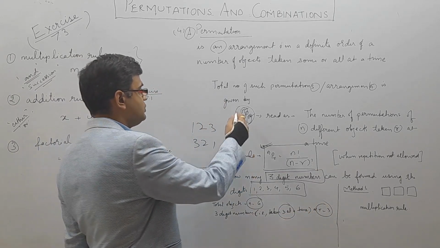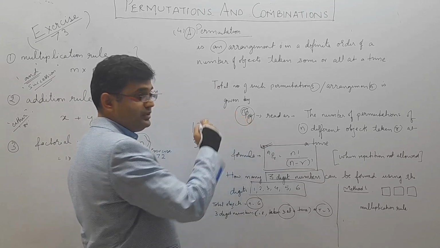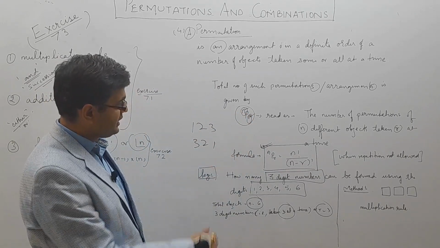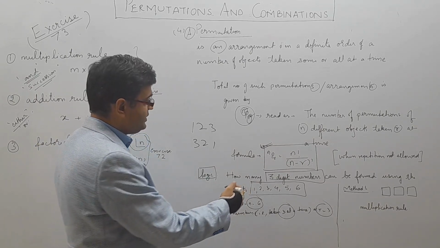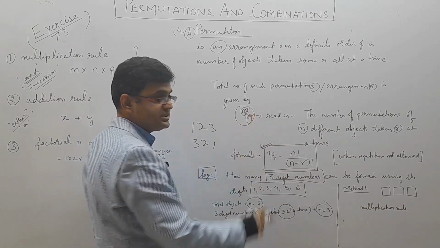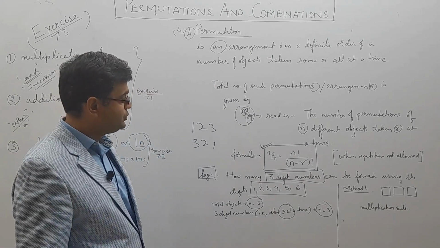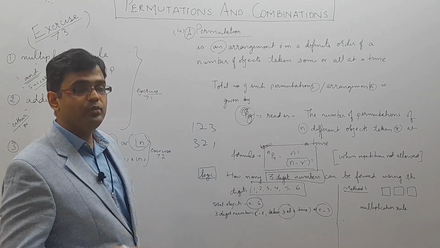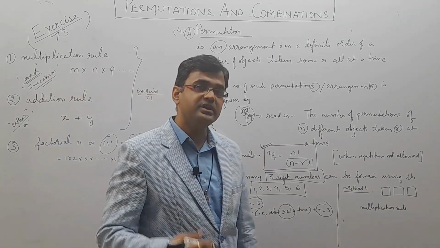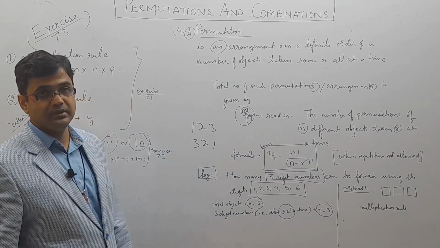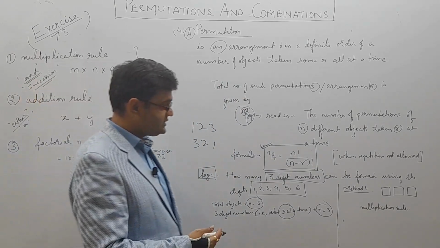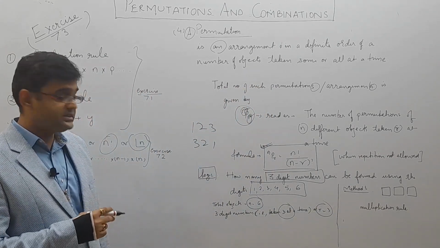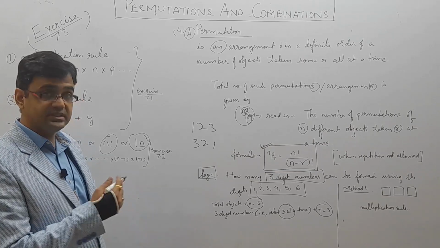So if we have to use the notation nPr, how will we interpret this question? We will say that out of the 6 objects, we have to use 3 objects at a time, r is equal to 3. So how many arrangements or permutations are possible using 3 objects at a time out of the given 6 objects?